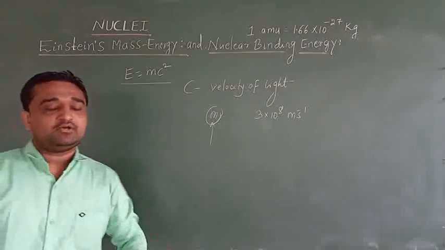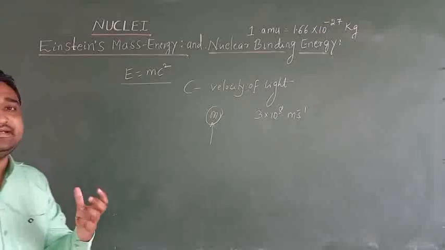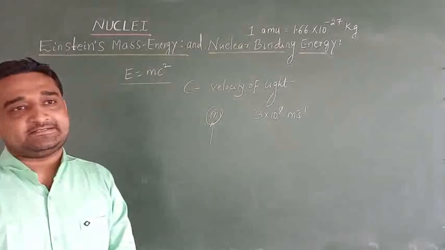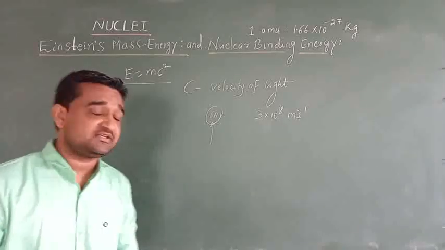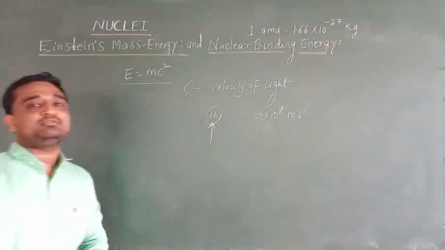According to Einstein's theory of relativity, any body of mass m is a source of energy, even if it has no kinetic energy or potential energy. Due to its mass alone, it is a form of energy.